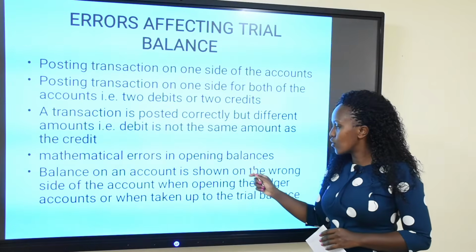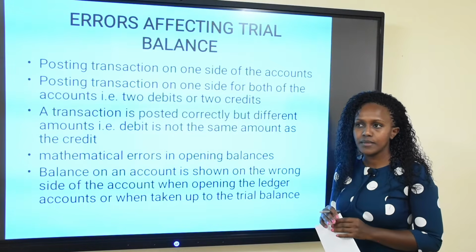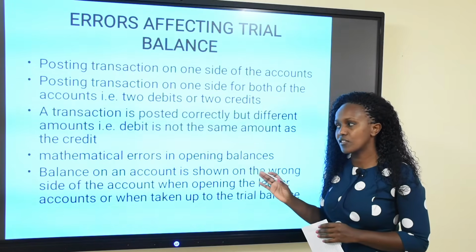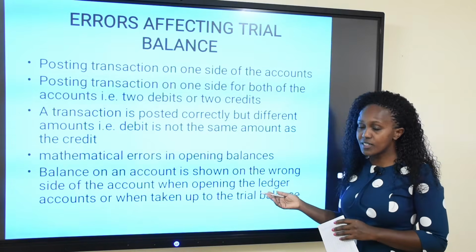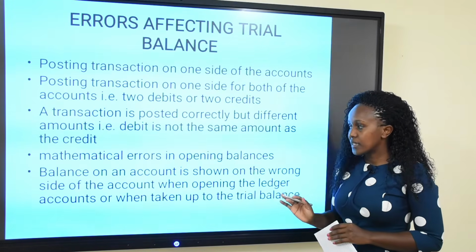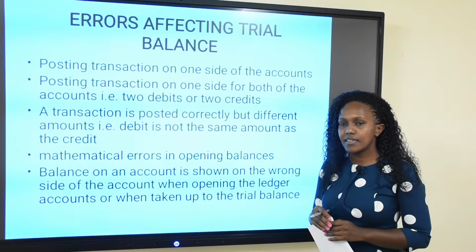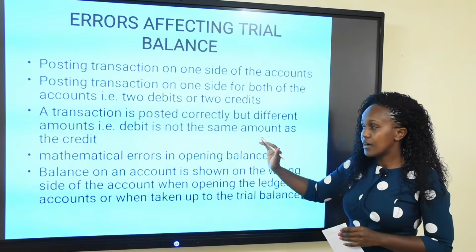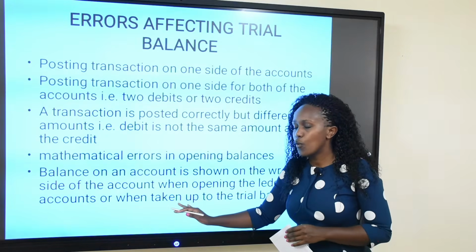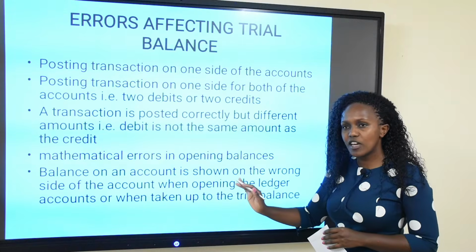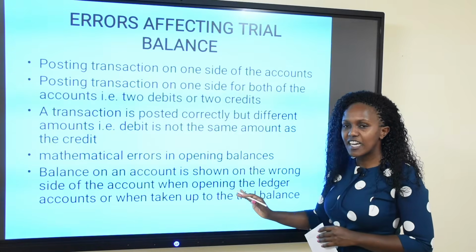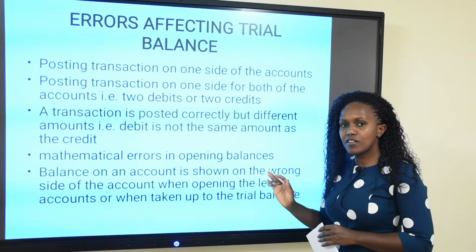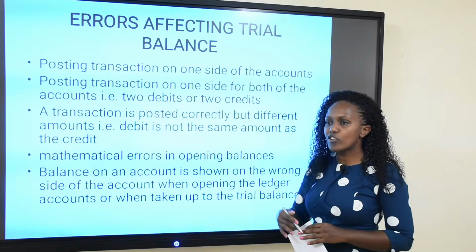The others are mathematical errors. Probably when you are balancing the accounts in the ledgers, there are mathematical errors, in additions, subtractions. These again are going to affect the balancing of the trial balance. Finally, when you are bringing balances, either from the trial balance or from the ledgers, you pick the wrong balances, or you place them on the wrong side.